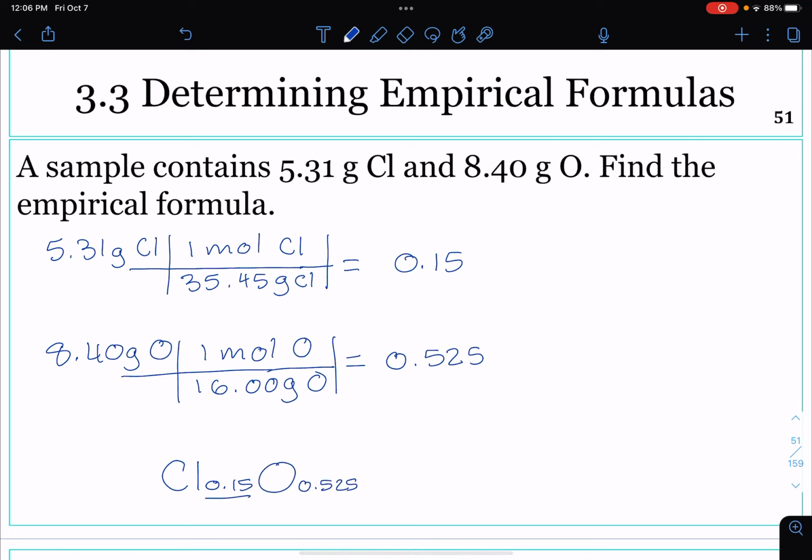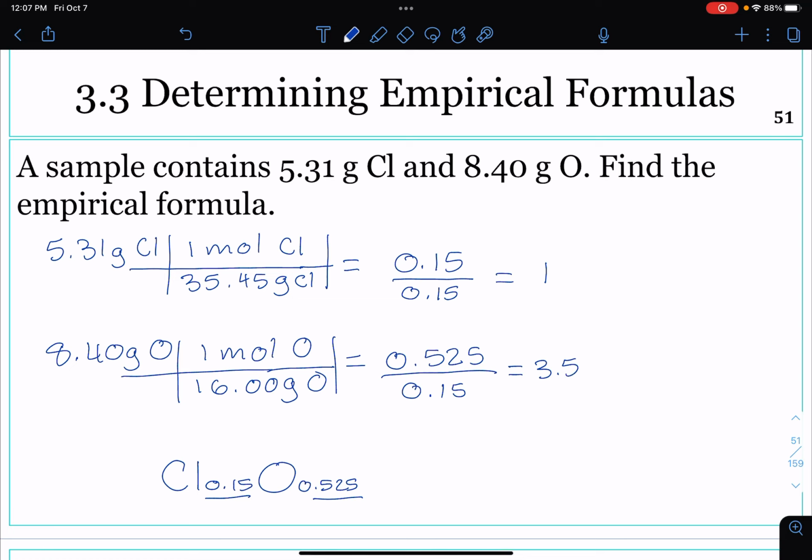Of course, we can't have these decimal numbers as our subscripts because we can't have a partial or fraction of an atom. So mathematically, we're going to try to turn this into a whole number ratio. If we divide both of these values by the smaller of the two, the 0.15, we see that this comes out to a 1 for the chlorine, and for the oxygen we get 3.5.